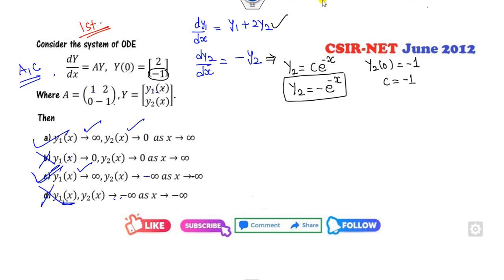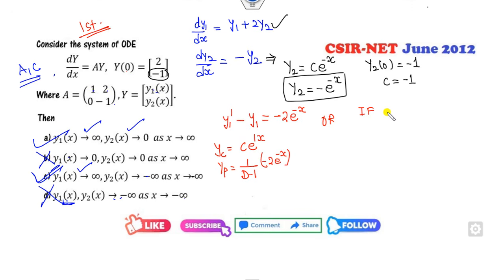I can substitute here. y1 dash minus y1 is minus twice e raised to power minus x. So can you find the solution of this? The homogeneous solution is c e raised to power x, and the particular solution is 1 over D minus 1 times minus 2 e raised to power minus x. Or you can also find the integrating factor as e raised to power minus x. You can solve this way also.